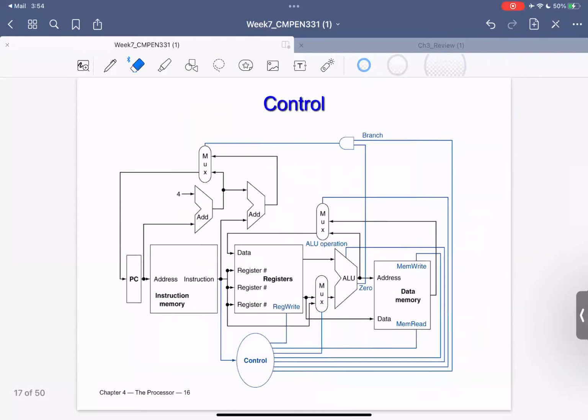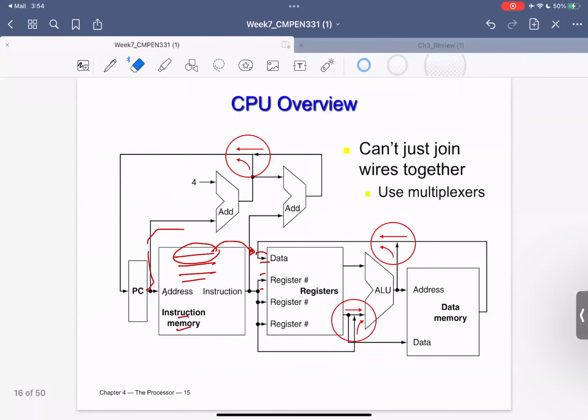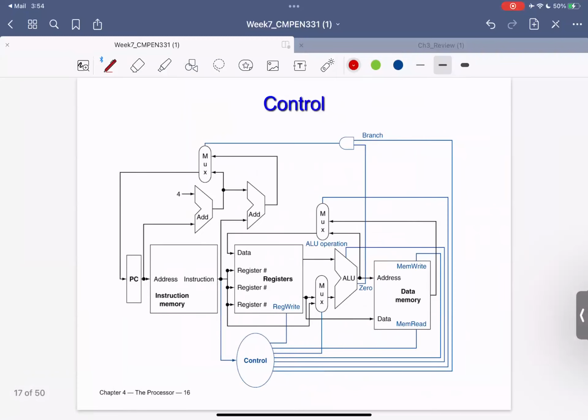In that sense, a multiplexer will solve that problem. So we'll add a multiplexer here, a multiplexer here, and a multiplexer here, as you can see. So now I have a multiplexer with the inputs, the output, and then a selector here. As soon as I fetch my instruction, we'll send that, of course, to a control unit.